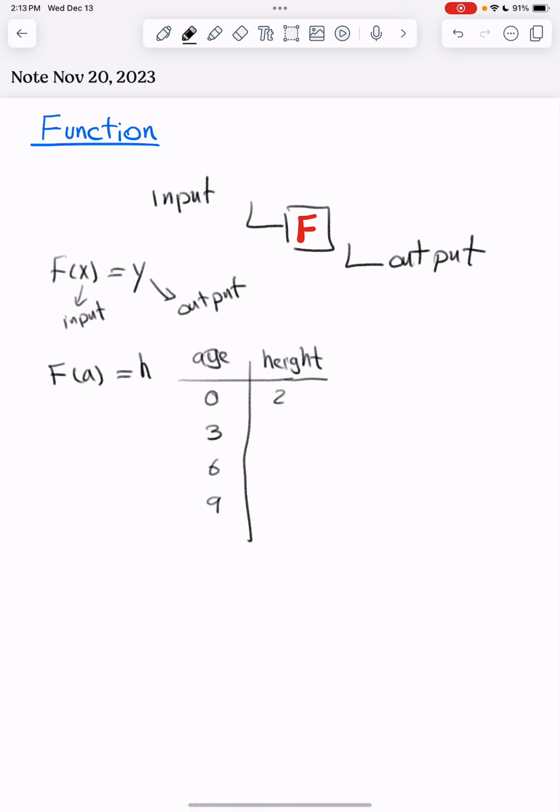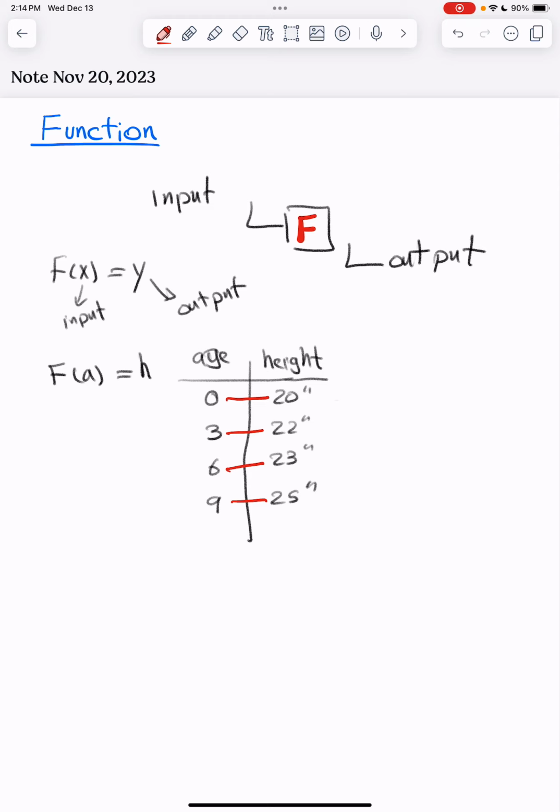And then let's say we start with 20 inches in height. Obviously, I just made that up. So here the relationship between the age and the height is a function. At any certain age, there's a certain height for the baby.